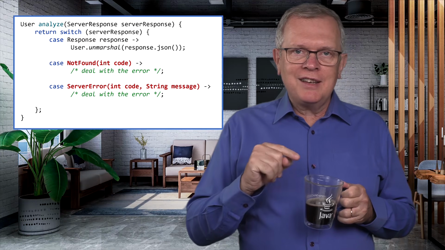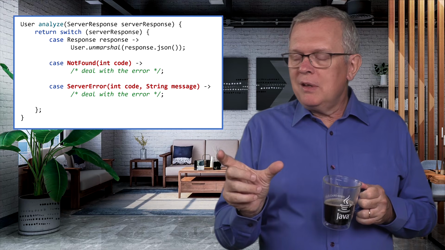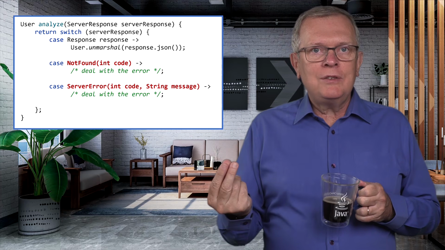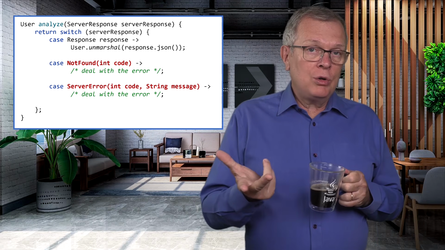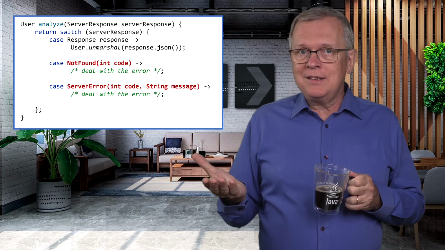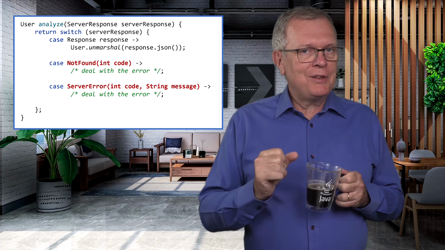Here you're asking, is the server response variable of type NotFound? And if it is, then deconstruct it into its components. So far you can only use deconstruction with records, but the plan is to extend deconstruction to any kind of class. And the JDK will surely benefit from that.